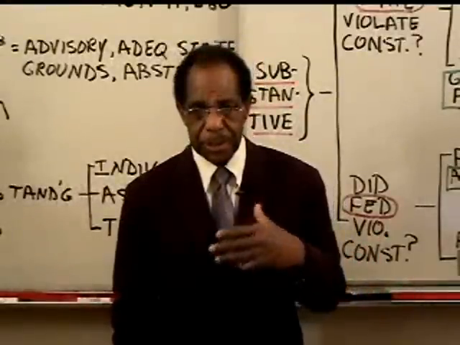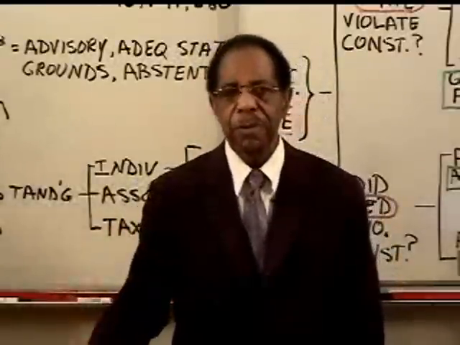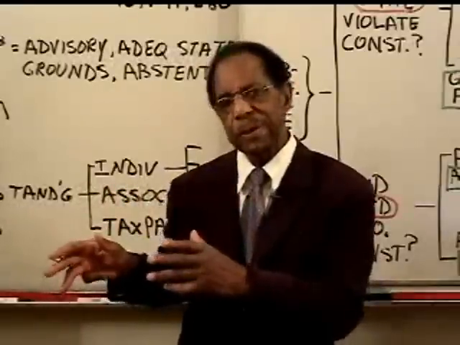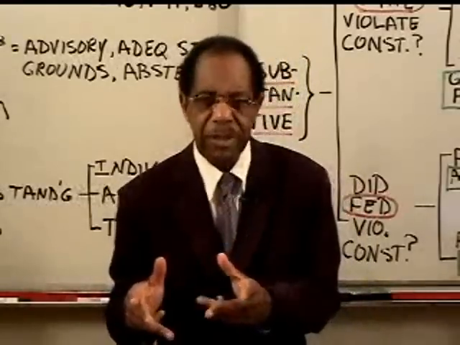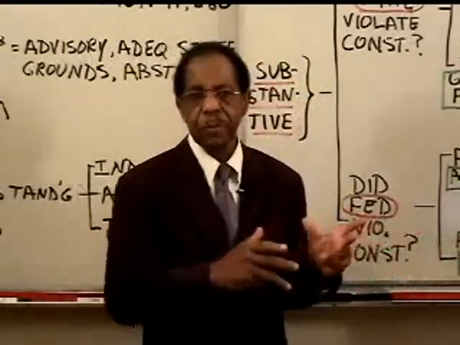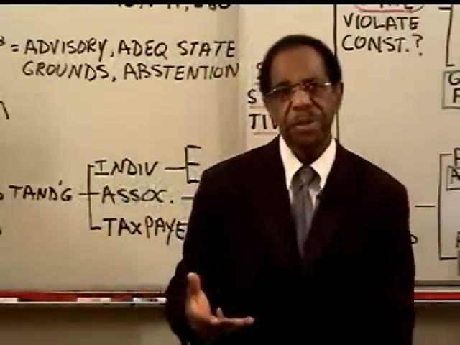Let's suppose that the state law had some term in there that could be interpreted in more than one way. And if you interpret it one way, the state law doesn't violate the U.S. Constitution. You interpret the term in the state law another way, and it does violate the U.S. Constitution. Well, how will that term in the state statute be interpreted?